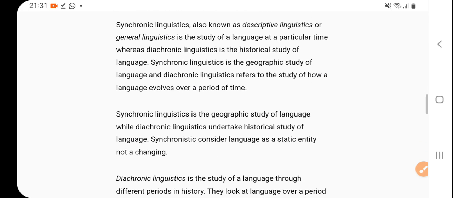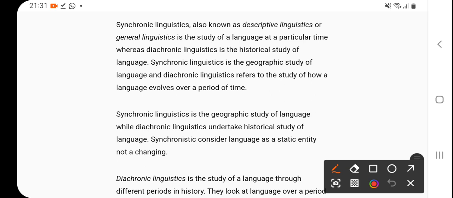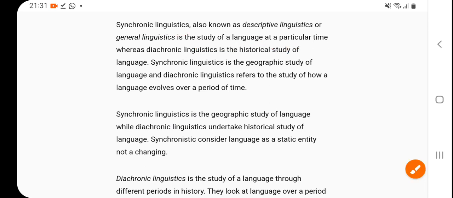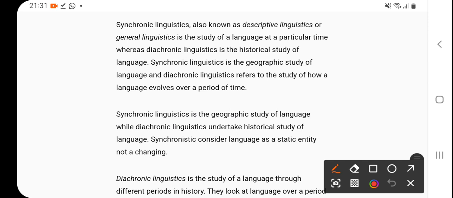Now synchronic linguistics, also known as descriptive linguistics or general linguistics, is the study of language at a particular time, whereas diachronic linguistics is the historical study of language. That is, period of time and point of time.